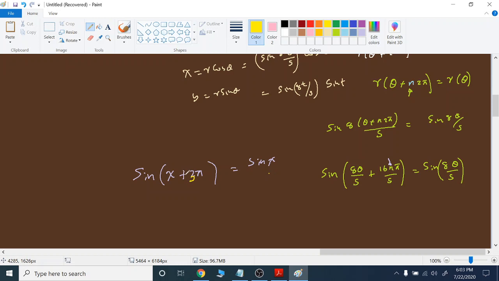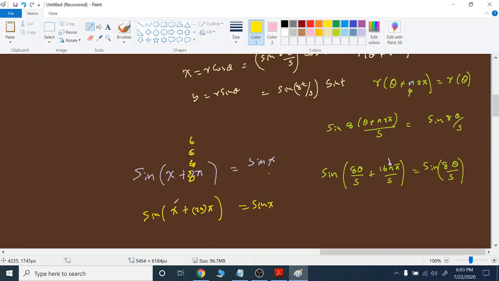If you add 4 pi, you will get the same number, but not if you add 5 pi. If you add 6 pi, you will get the same term. So if you add an even multiple of pi, you will end up at the same originating position, right?